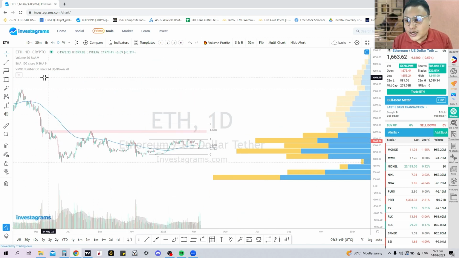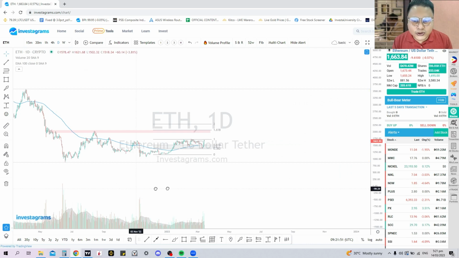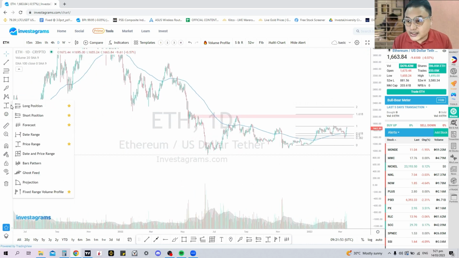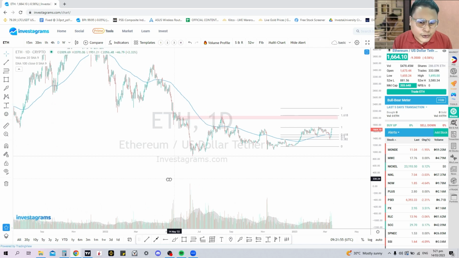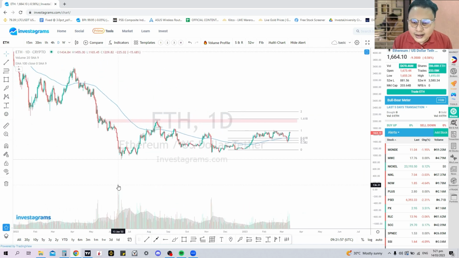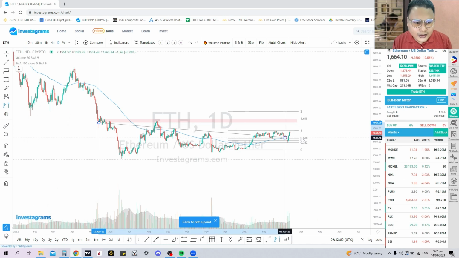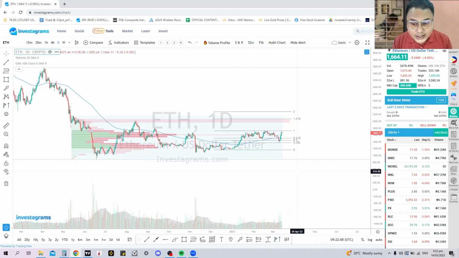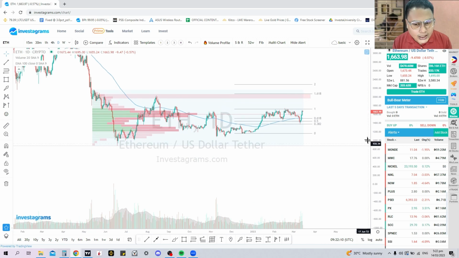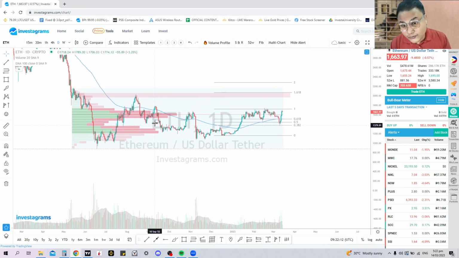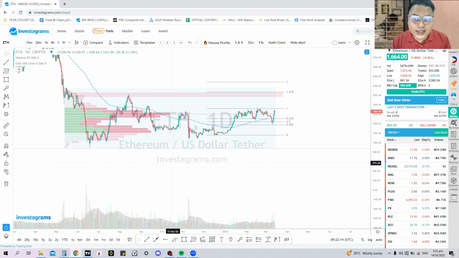So, pwede mong gawing workaround dyan is tanggalin mo to, then use the fixed range volume profile. For example, ang gusto mo lang makita na volume profile is this range. Gamitin mo lang itong fixed range volume profile. I-drag and drop mo lang dyan, then makikita mo na yung volume profile levels mo or yung market profile levels mo.